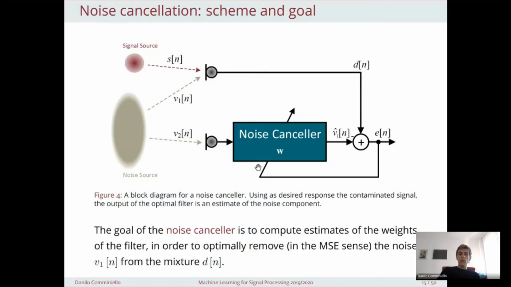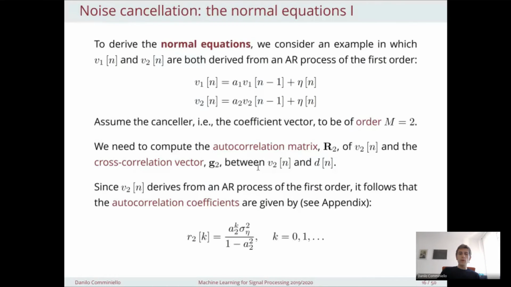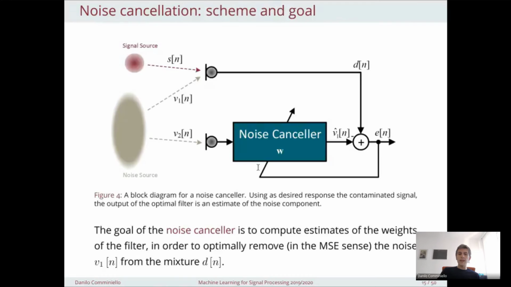So tomorrow I will show you an example of how to deal with this kind of problem. We will have an exercise, a lab session, on this application of noise cancellation, in which we use a mean square error method in order to solve this problem.